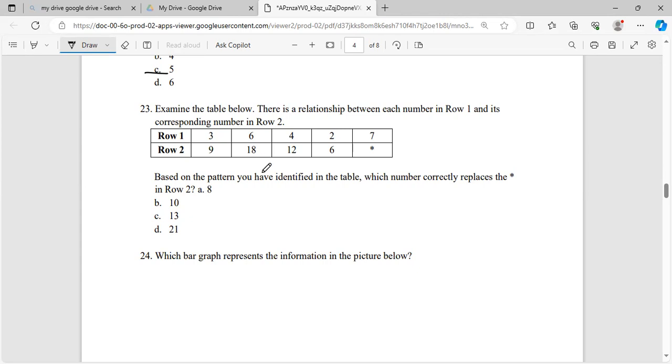If you look, it's multiplying by 3 each time, because 3 times 3 is 9, 6 times 3 is 18, 4 times 3 is 12, and 2 times 3 is 6. So 7 times 3 is 21. Very good. I agree with that person. Or you could say 1/3, right? All of them, as a fraction, work out to 1/3.